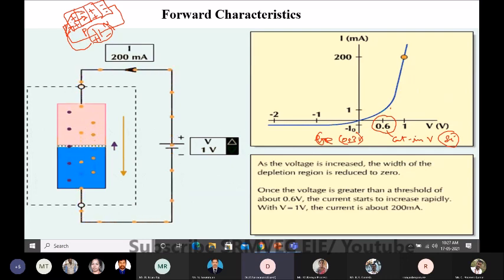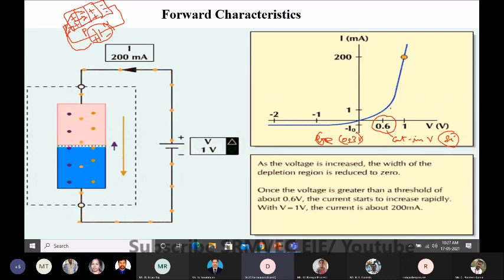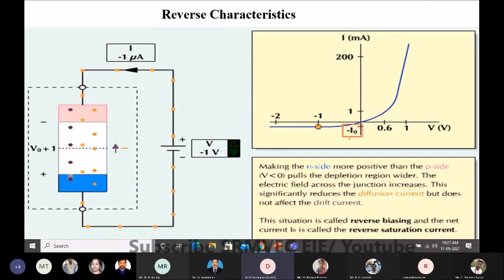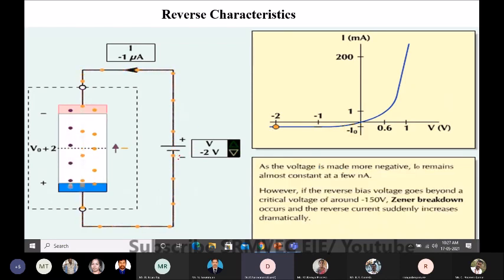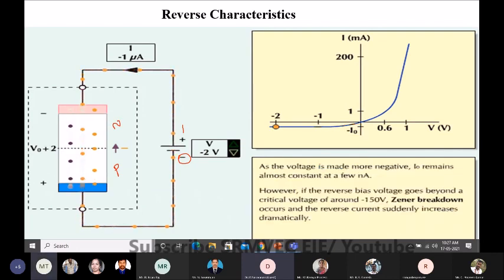So this is about forward biasing: as the external supply voltage increases, the current starts flowing. The movement of charge carriers is very high. This is what we call the forward characteristic. Whereas in the reverse characteristic, a negative terminal is connected to the P type, and the positive terminal is connected to the N type of the material.